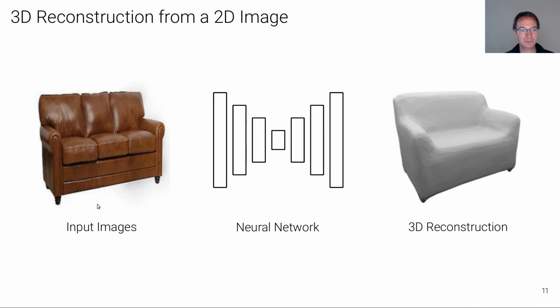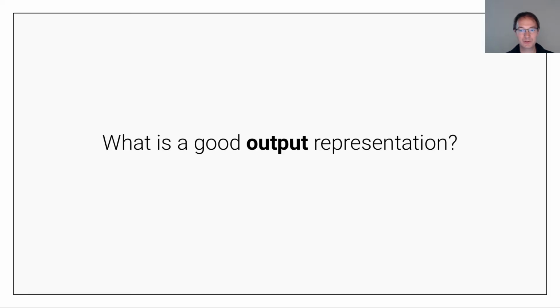The input representation is pretty clear here. It's just a 2D RGB pixel matrix. But the question is, what is a good output representation? What is an output representation that can be easily predicted by a deep neural network, for instance?